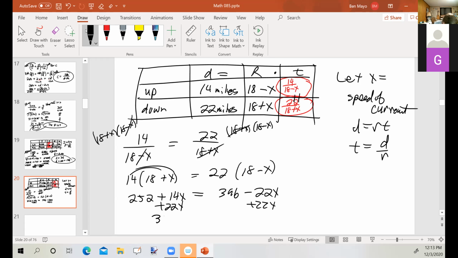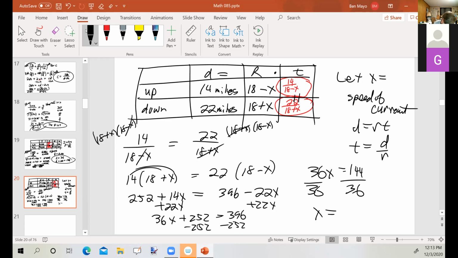We get 36x plus 252 equals 396. Subtract 252. 36x equals what? 144. Divide both sides by 36, x equals 4. Now, the question said, find the speed of the current. Oh, there it is. 4 miles per hour.